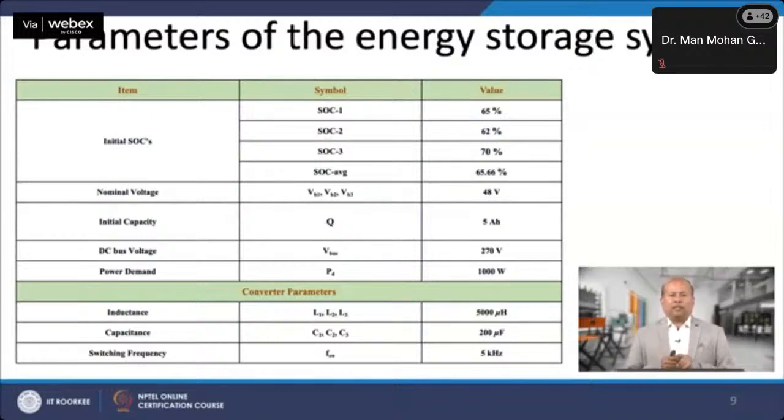The capacity of modules is taken as 5 ampere hour each, and initial DC voltage is 270 volts. Initial power demand is 1000 watts. The converter parameters are inductance of 5000 microhenries, capacitance of 200 microfarads with switching frequency of 5 kilohertz.